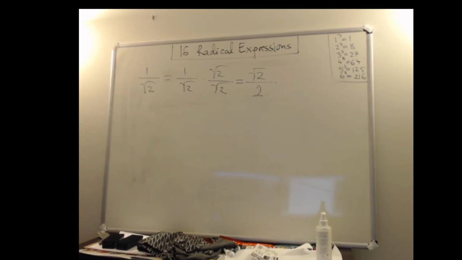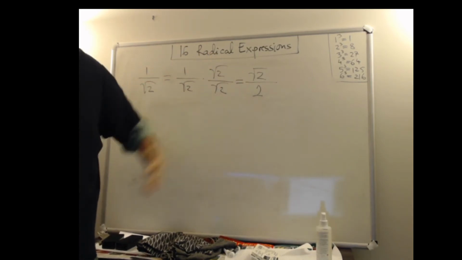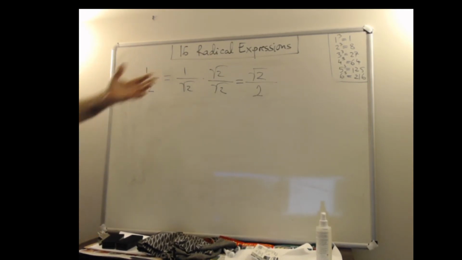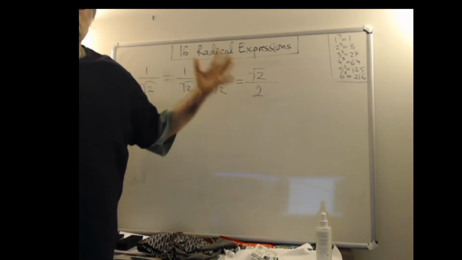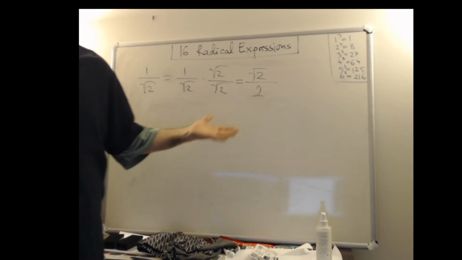So it's easier to divide by 2, right? Think about it. Any decimal number is much easier to divide by 2 than by radical 2. So this is easier to work with. Yeah, you still have the radical, of course. The radical didn't disappear. It was in the denominator, now it's in the numerator. So, yes, it will stay there.